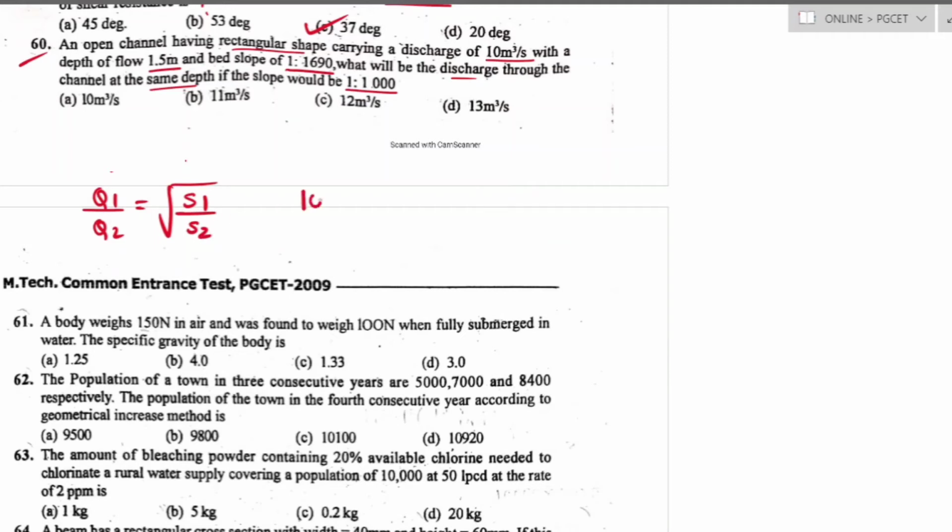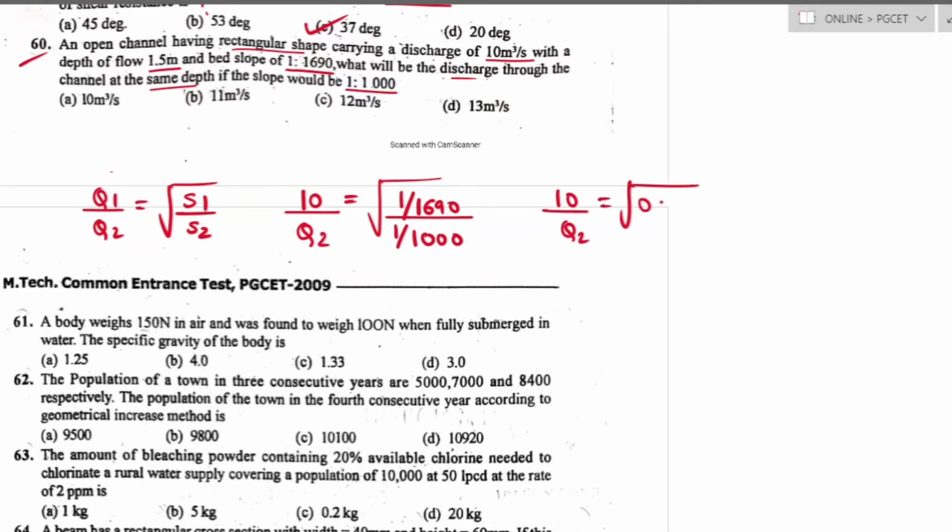Q1 is 10 meter cube per second, Q2 we have to find. Slope for the first discharge is 1 in 1690 divided by slope for the second discharge, that is 1 in 1000. So 10 divided by Q2 is equal to square root of 0.5917, that is 0.7692, so Q2 is equal to 10 divided by 0.7692.